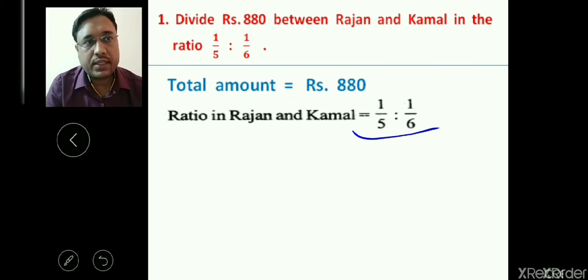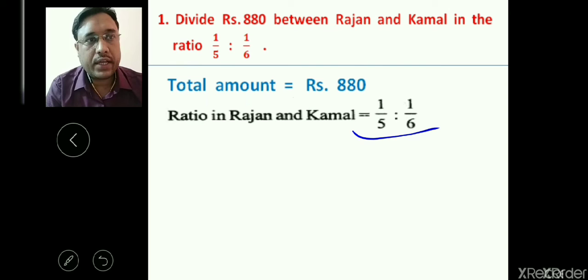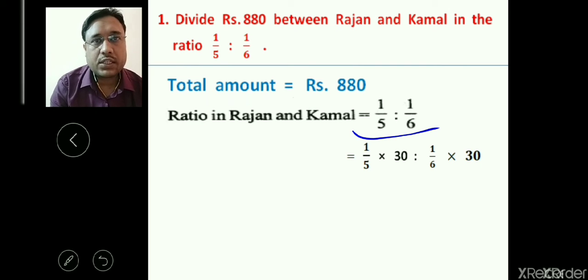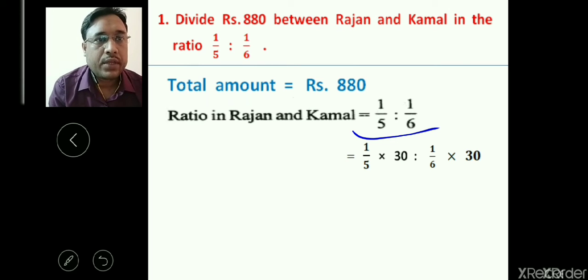We will simplify this ratio because it is given in fractions. We know that when we multiply the first term and the second term by the same number, there is no change in the ratio. We are only getting its simplified form, which I have explained in the rules of ratio. So multiply the first term 1 by 5 with 30 and the second term also with 30.